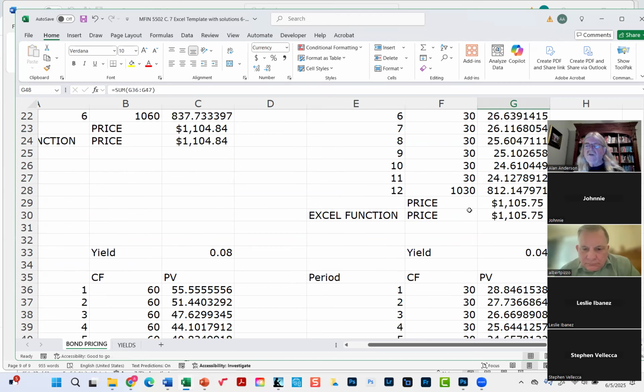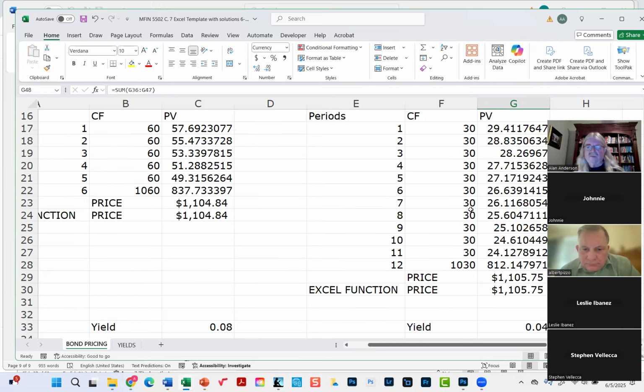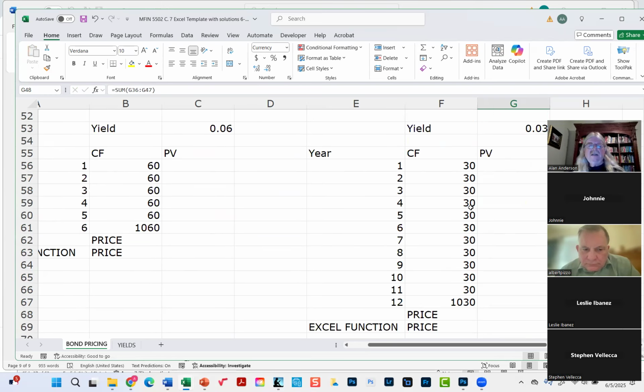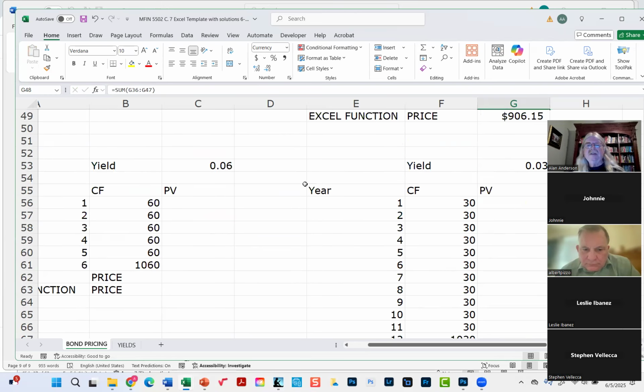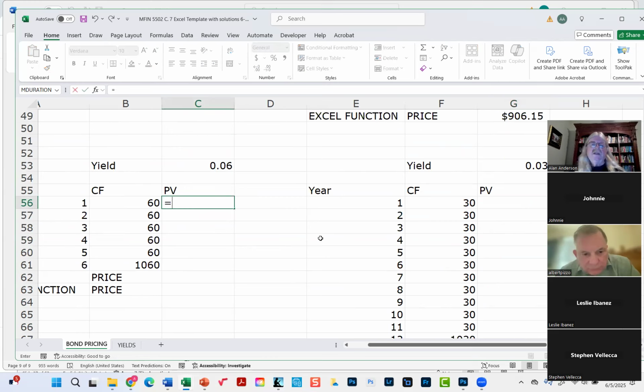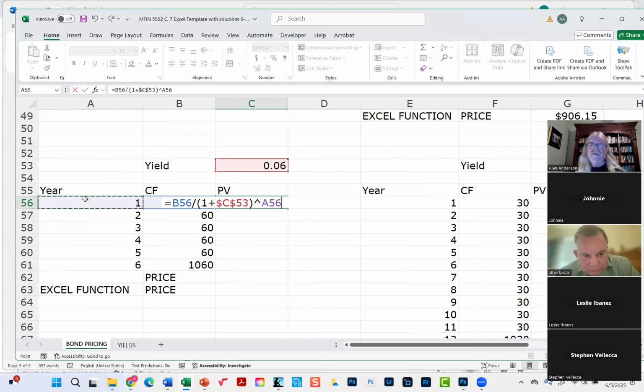All right. Now there's one more case on this page that I want you to see. And that is, it's the same bond, but now the yields are 6 and 3. So let's start by calculating these present values. Here's my exponent.